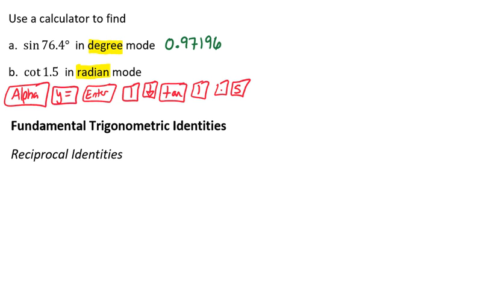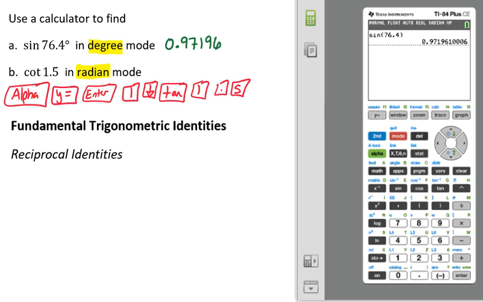Well, what we're going to do is hit alpha, y equals, enter, option 1, and go down to tangent. We're going to put 1.5. So let's do that. Again, we're going to go alpha, y equals, hit enter, then hit 1 over the tangent of 1.5. Oops, too many tangents there. Let's try that again.